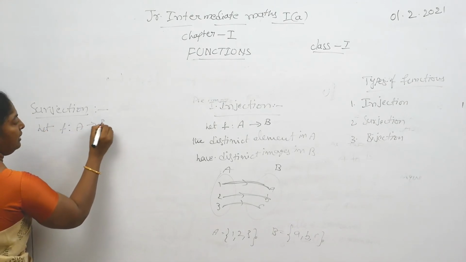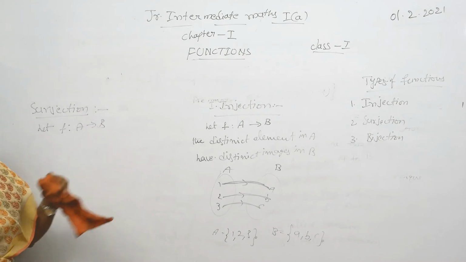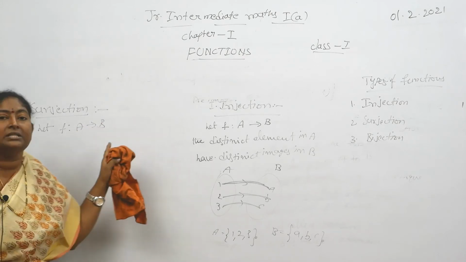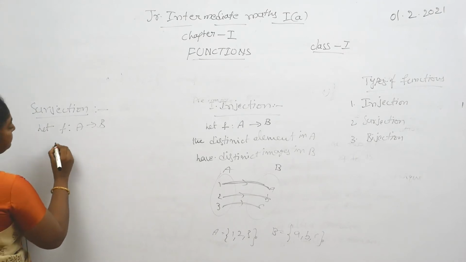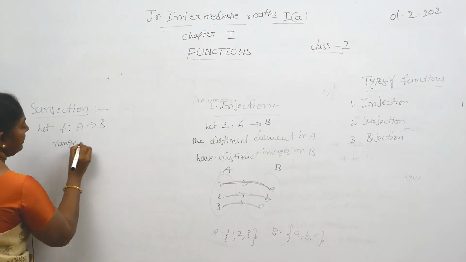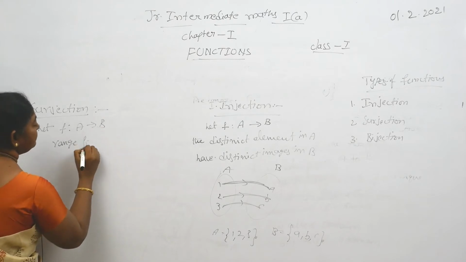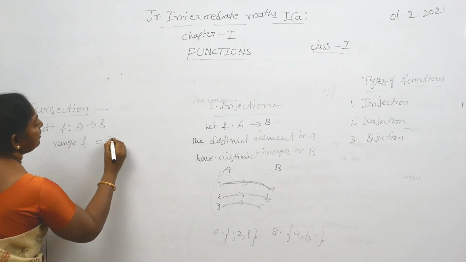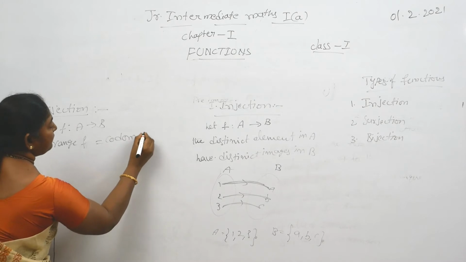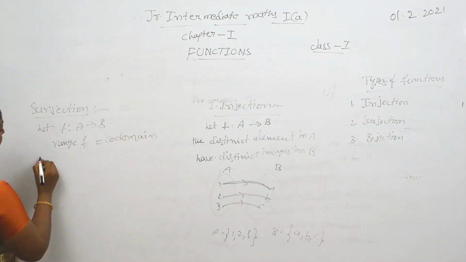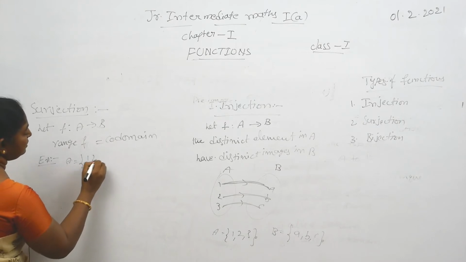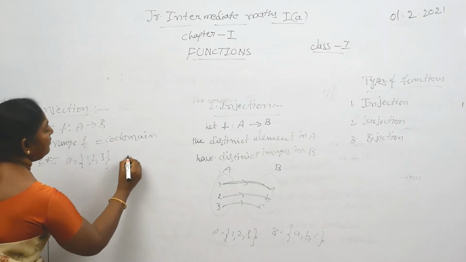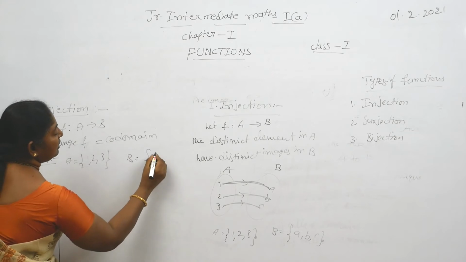Let f be a function from A to B, where A and B are two sets. Then, if the range of f is equal to the codomain, for example A equals 1, 2, 3 and B equals x, y.